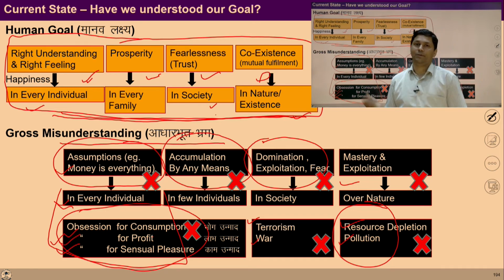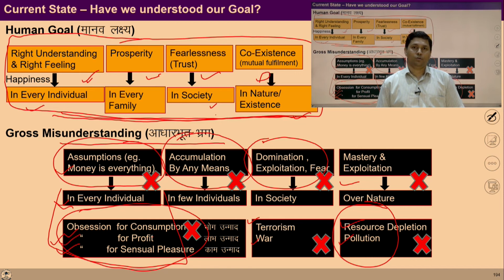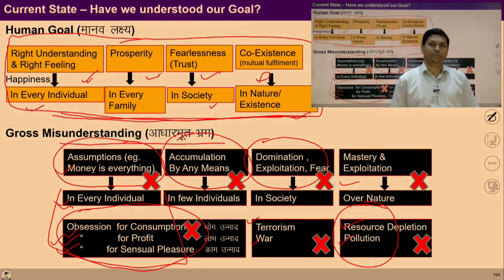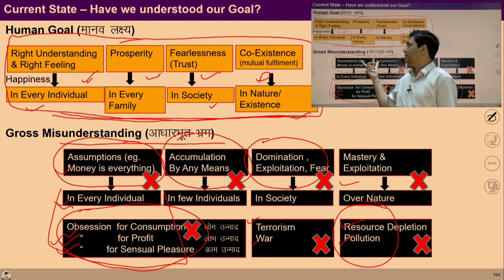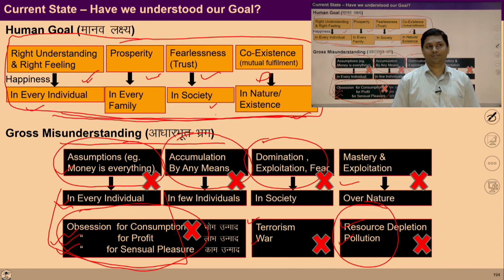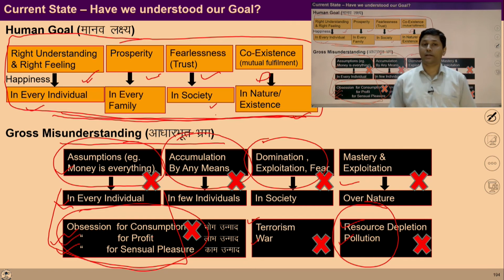Is a fight between you and your neighbor because of lack of relationship or because of lack of physical facility? If you investigate properly, in the right manner, you can find out that at the root, the lack of relationship is the problem. And the scope for improvement also exists. We can contribute to finding the solution at our level, at the level of family, at the level of society.